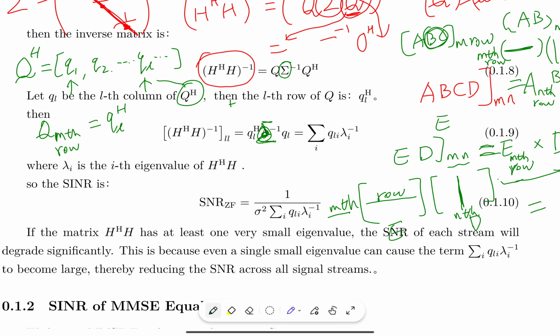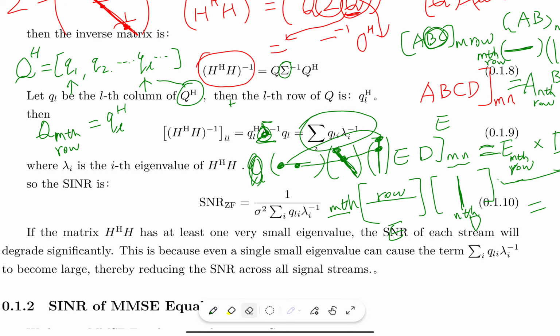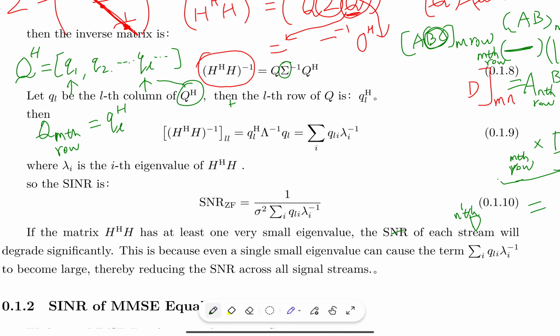Anyway, here QL conjugate transpose is a row vector and this is a column vector, times a diagonal matrix. So each term is one element, and plus the second term, and so on. So we add all of them, and we get this one. Here we should get a square, because this one times this one gives a square.